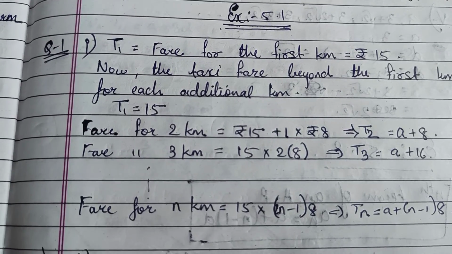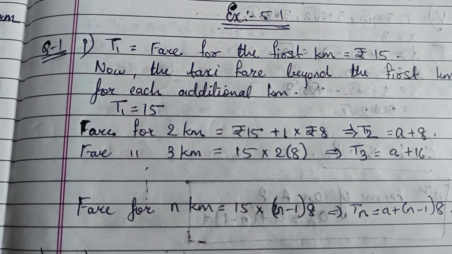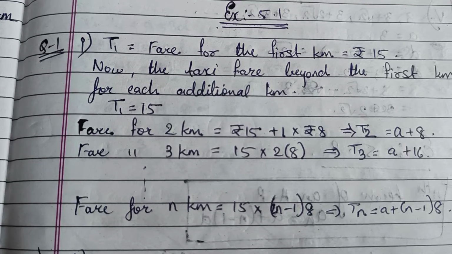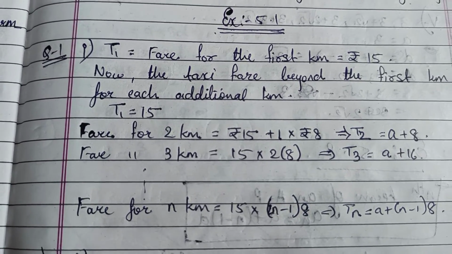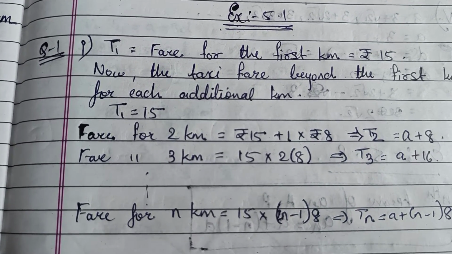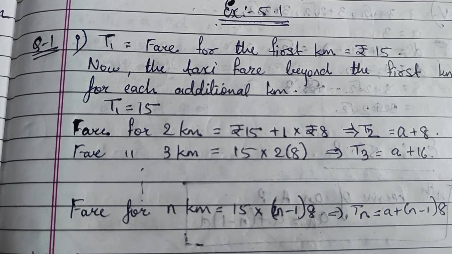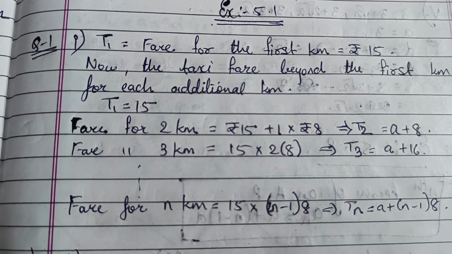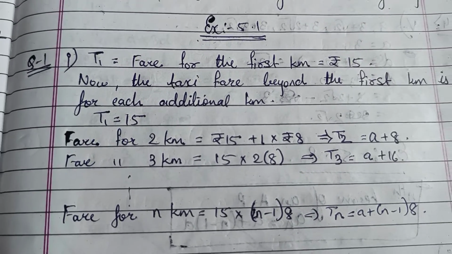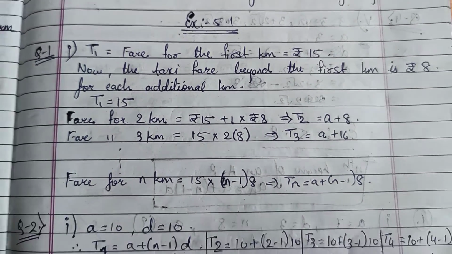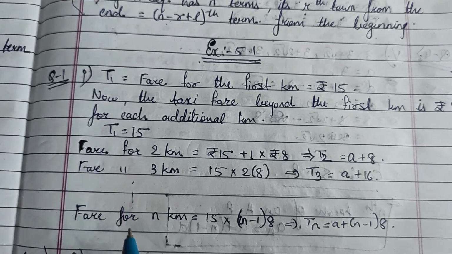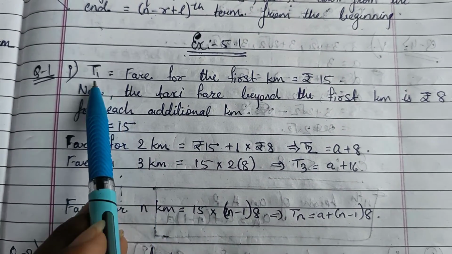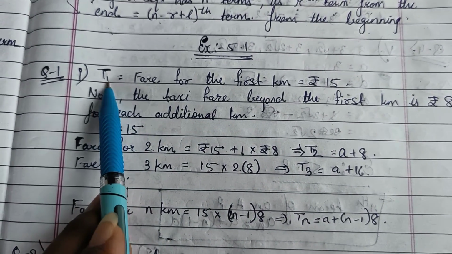See, your first question is the taxi fare after each kilometer when the fare is rupees 15 for the first kilometer and rupees 8 for each additional kilometer. Then after whatever the distance the taxi is covering, that cost is rupees 8 per kilometer. So first what we have to do, we have to form an AP. So first I will write T1, that is for taxi 1.